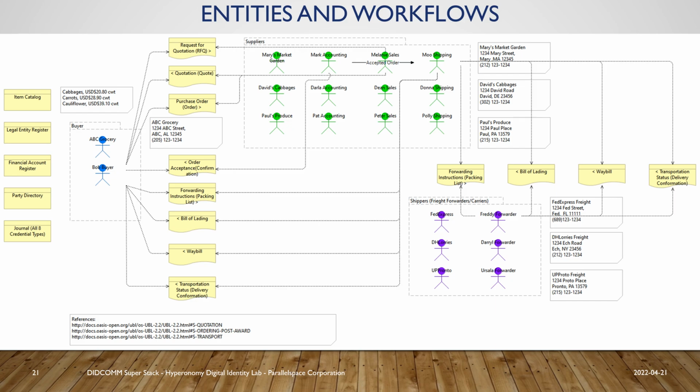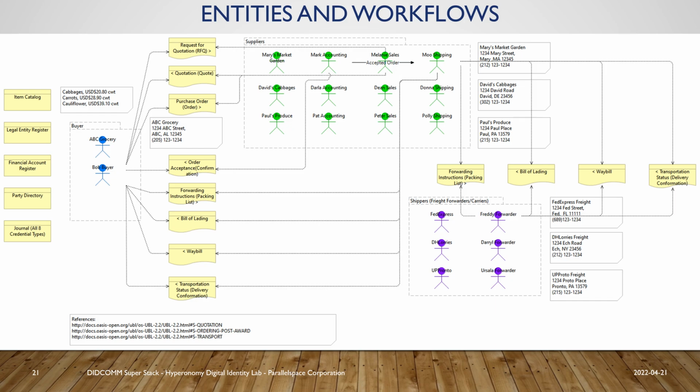The schema for those purchase orders and all the other business documents we have here is based on UBL 2.2, the Universal Business Language version 2.2 schemas. And so once that purchase order is sent out, a sales order or order confirmation is returned.